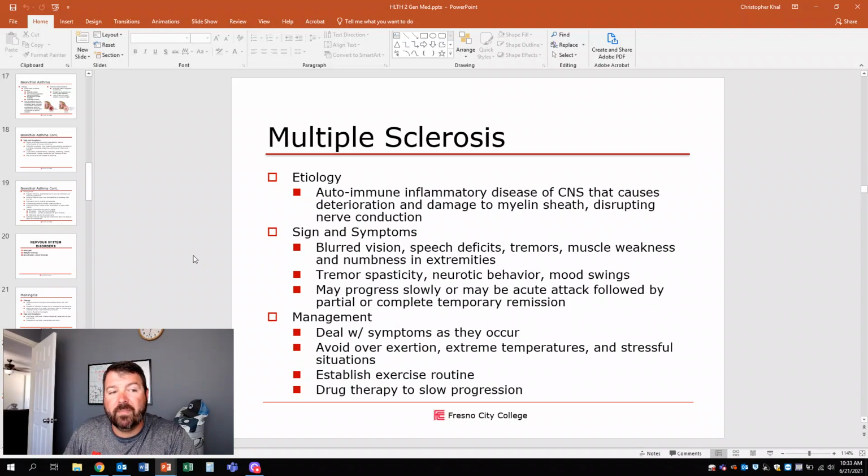All right, MS, multiple sclerosis. This is an autoimmune inflammatory disease of the central nervous system that causes damage to the myelin sheath and disruption of nerve conduction. The myelin sheath goes over your nerves and makes them more efficient.